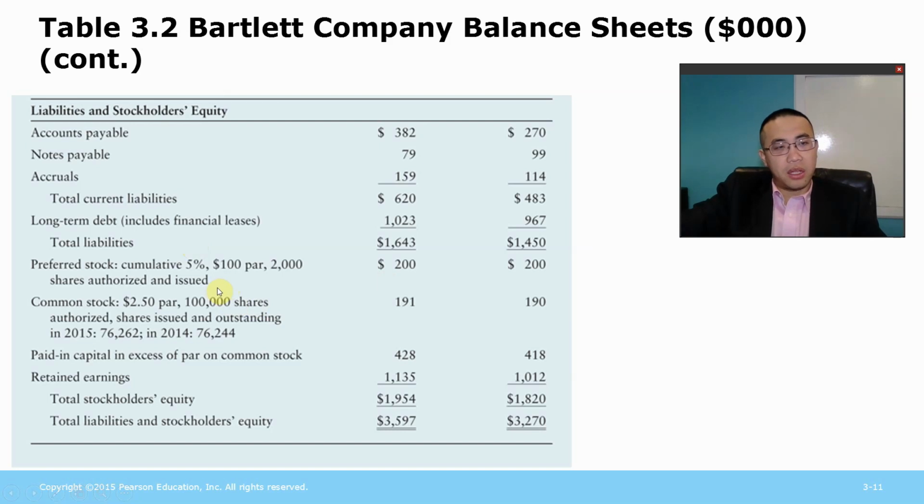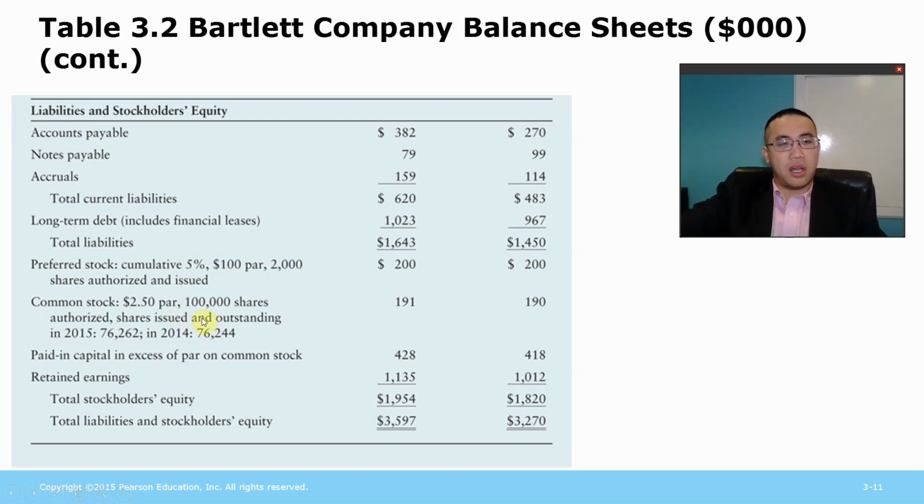Then if you move down to total equity, you have preferred equity and preferred stock. Preferred stock here has different terms than common stock. So here are the specified coupon rate or dividend rate, the par value, and the number of shares outstanding.